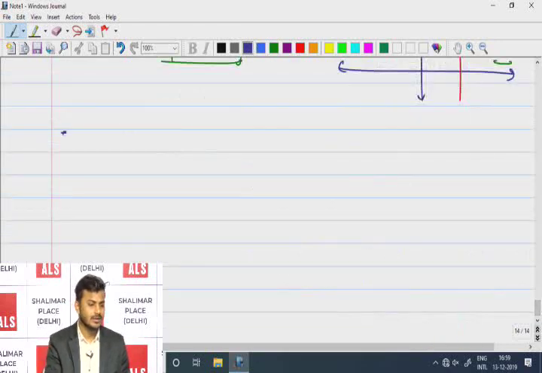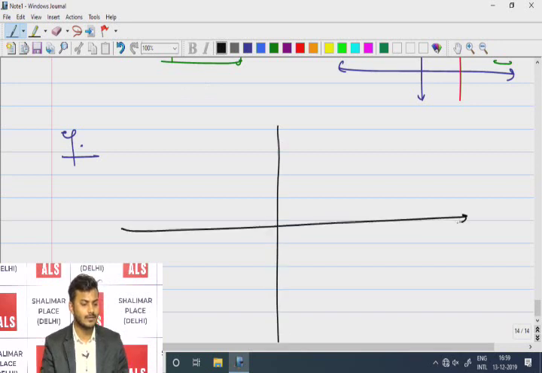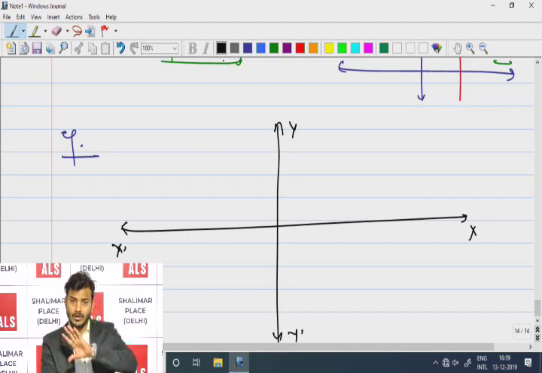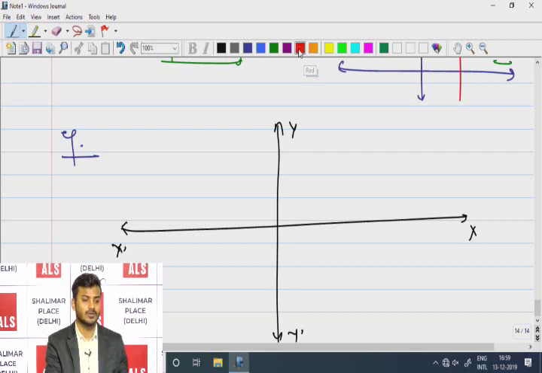Let me write in general: this is your x-axis, x dash, y dash. I am going to show you all together, lines parallel to the x-axis, parallel to the y-axis, and so on. This is your x-axis, which is y equals 0. This is your y-axis, which is x equals 0.